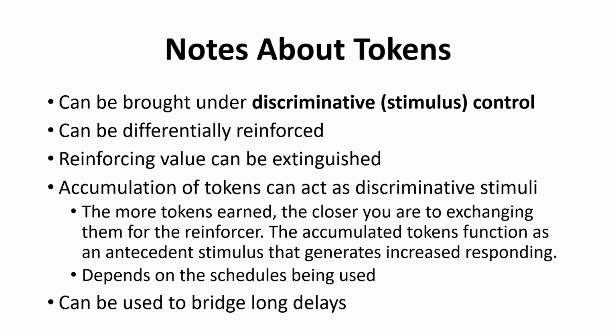So tokens can be brought under discriminative or stimulus control. Like we just saw in our chimpanzee example, they can learn that certain tokens will get them food and other tokens will not. Those white tokens are associated with food and therefore should be chosen when given the opportunity. The brass tokens are not associated with food, so you don't choose them. Continuing from that, tokens can be differentially reinforced.